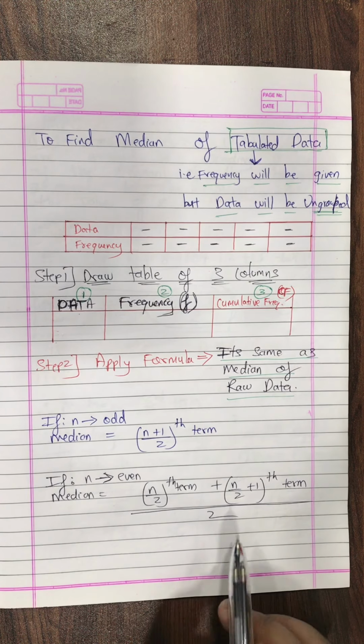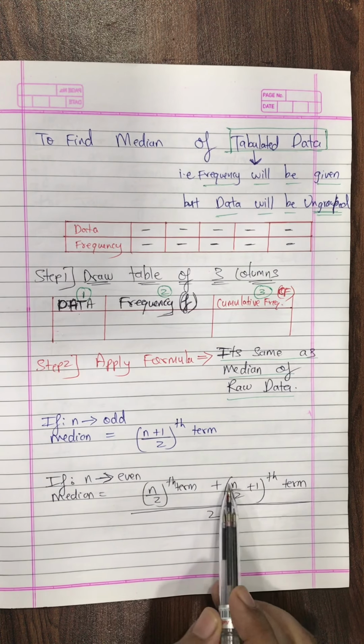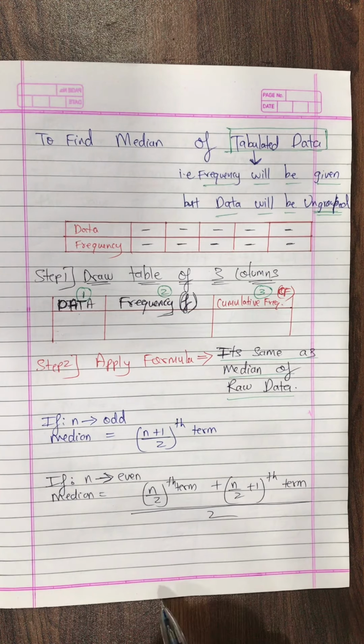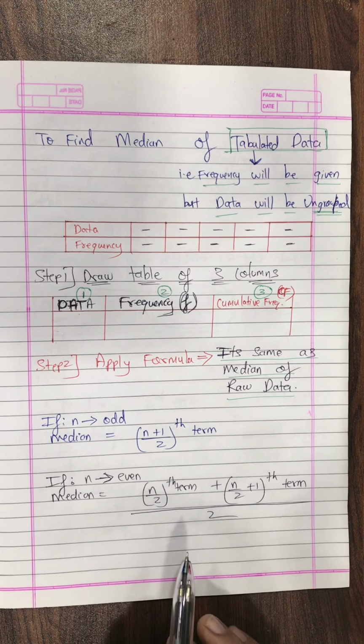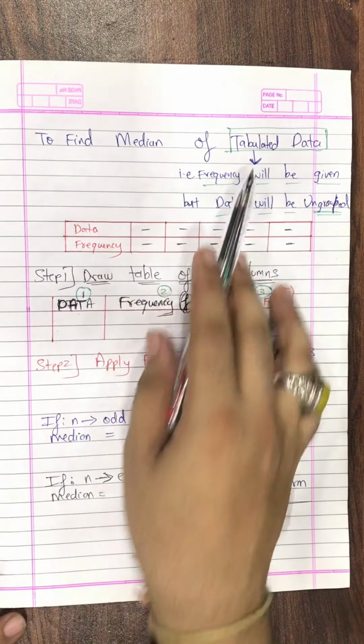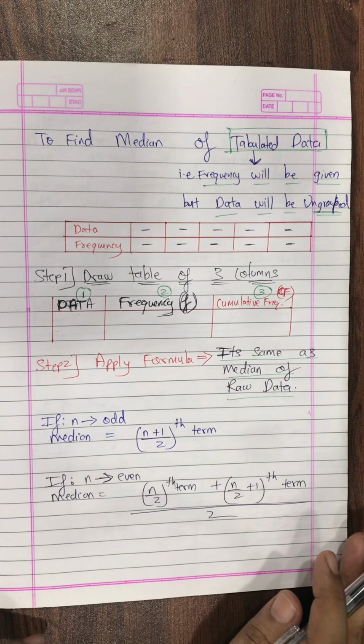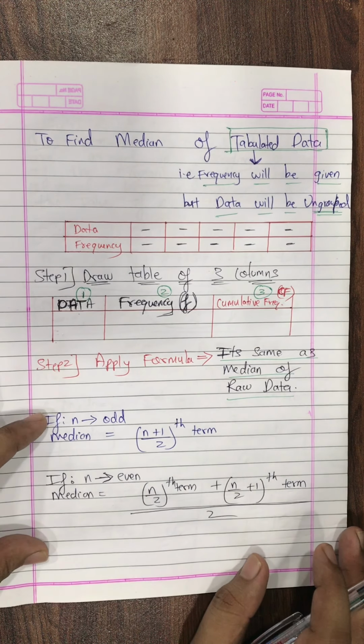Last time also I told you that these two are different things. This is (n plus 1) upon 2 and this is n upon 2 plus 1 th term. So this is the formula, and by this we complete the entire notes to find the median of tabulated data. Now pause the video, please copy everything, all of you please copy the formulas also, and let's quickly solve one question.